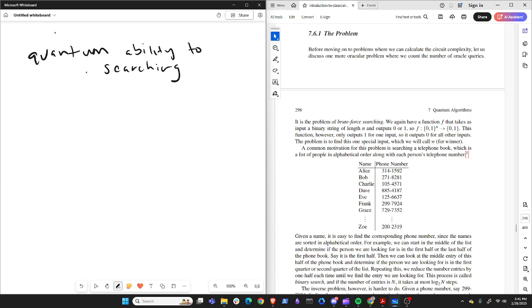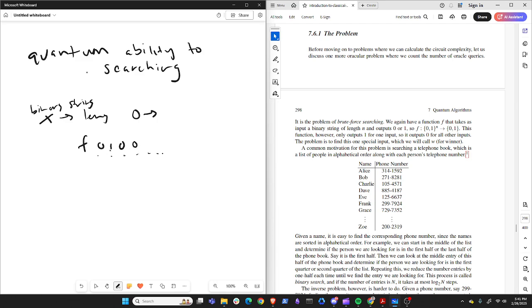The idea is if we have a string x of length n, and this is a binary string, the function f goes down the string and outputs a 0 or a 1 for each element.